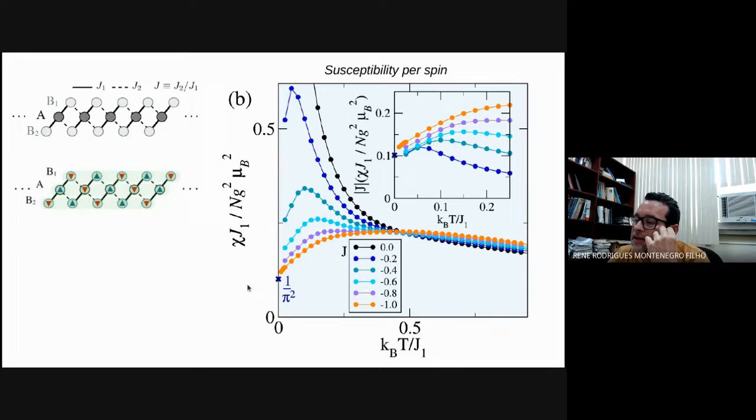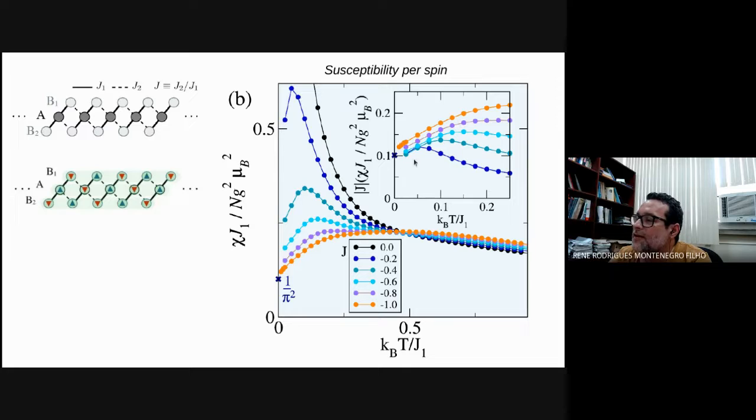We note here that the susceptibility changes very much, but we can rescale it by J2 in order to have a behavior similar, independent of the value of J2, as T goes to 0, as near the Néel temperature.